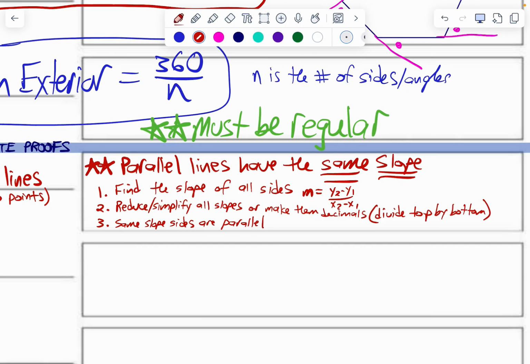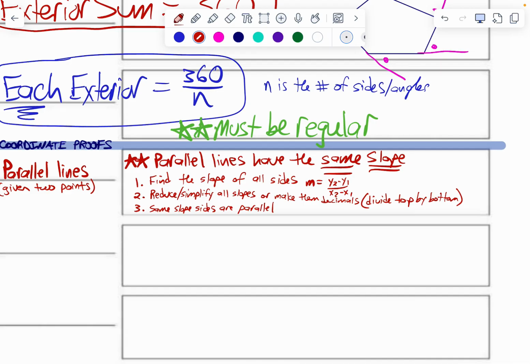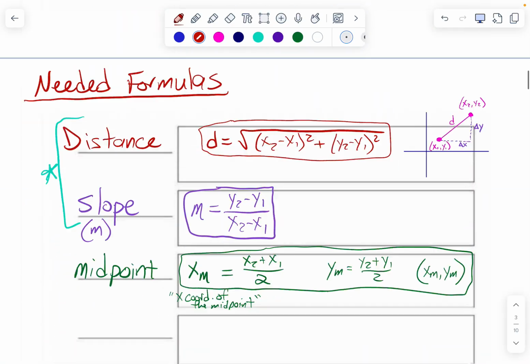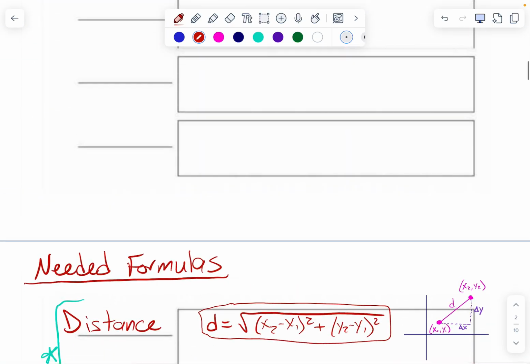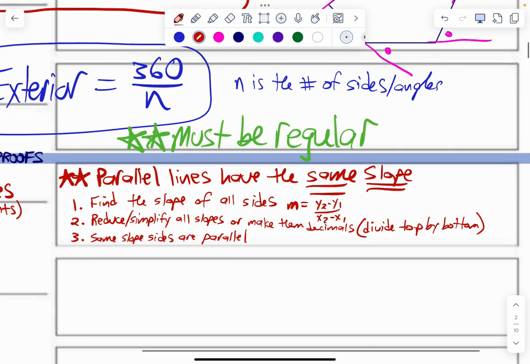Does this ring a bell from Algebra 1 at all? Okay. You can put what I'm about to write right next to this slope note in our parallel line stuff.